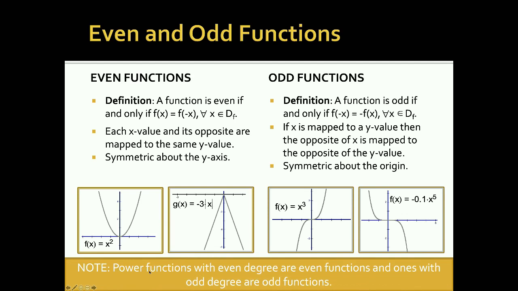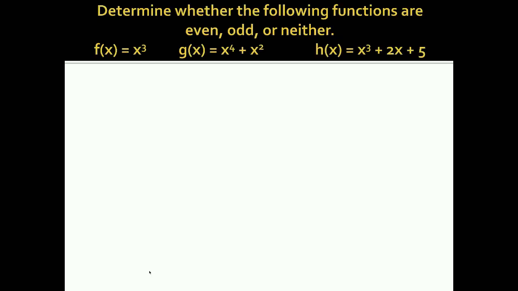When we're talking about just power functions, if they have even degree, they're even functions, and ones with odd degree are odd functions. Last thing we're going to do, we are going to determine if these functions are even, odd, or neither. Now, we can look at them from last chapter and easily know, but I'm going to go ahead and use a test here, and this test can be used for all types of functions, not just polynomial functions.